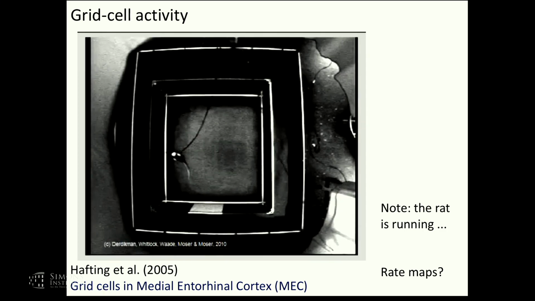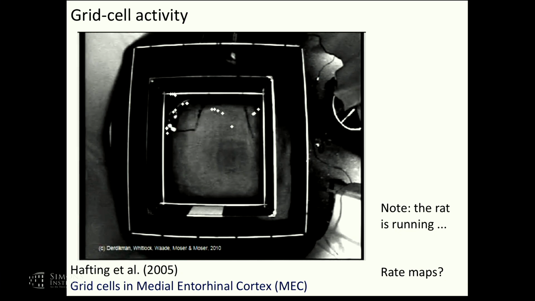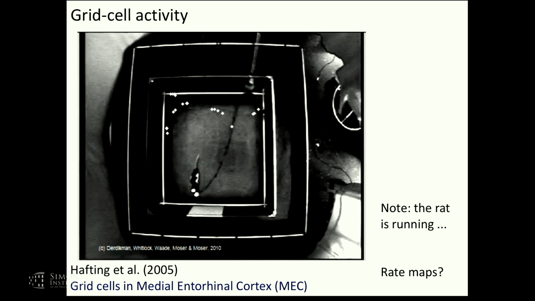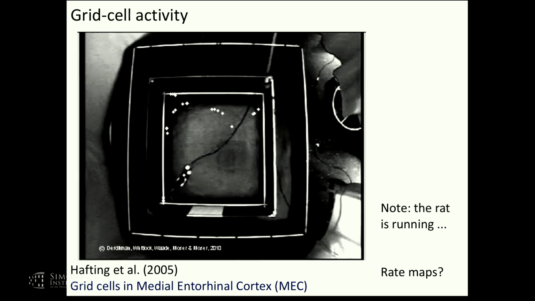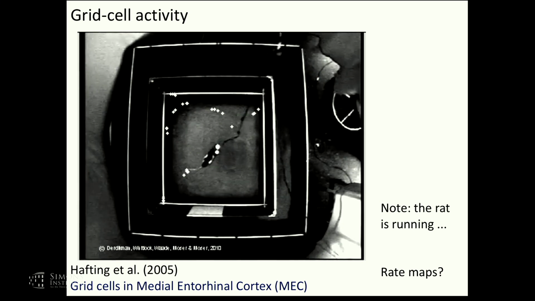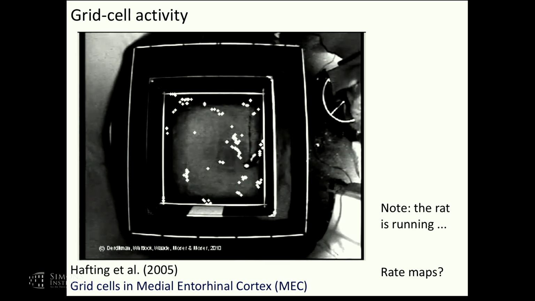What I want to point out, and the spikes are marked with these white diamonds, is that the way we describe grid cell activity by firing fields implicitly assumes that you have Poisson spike trains.